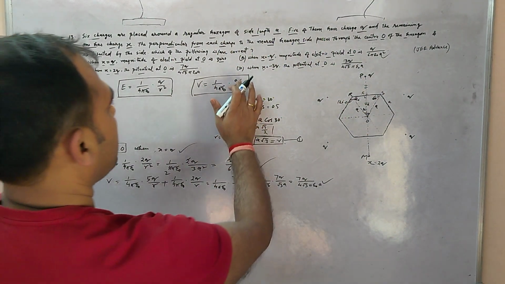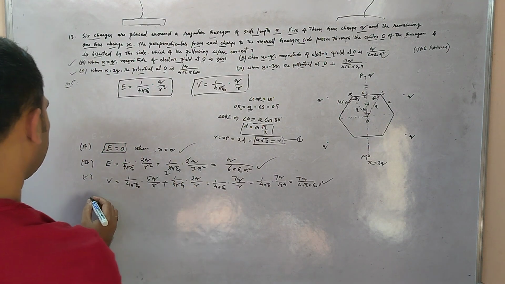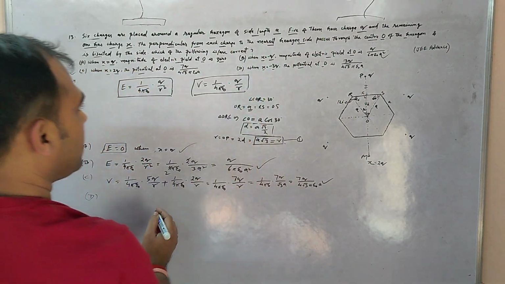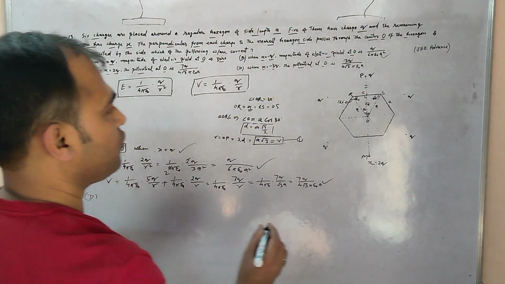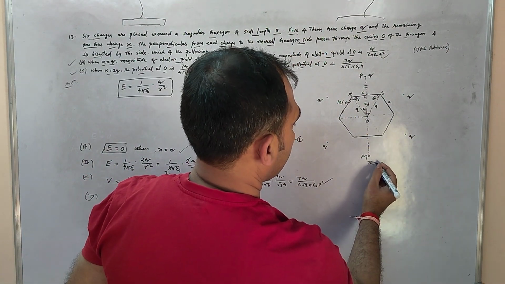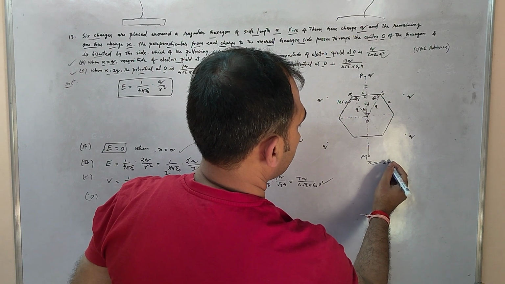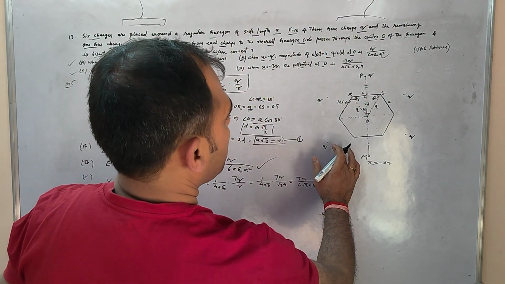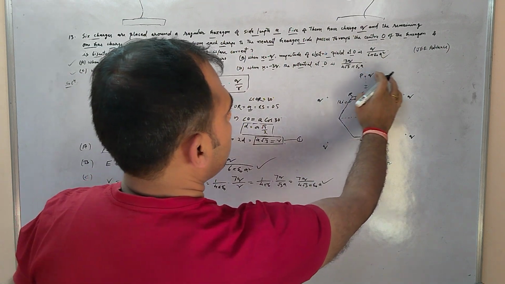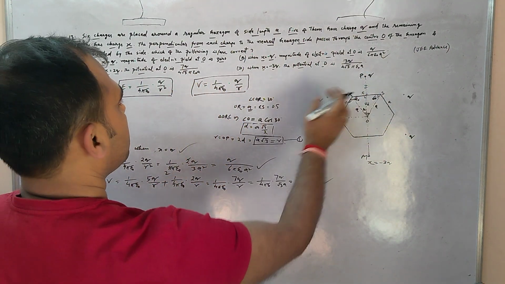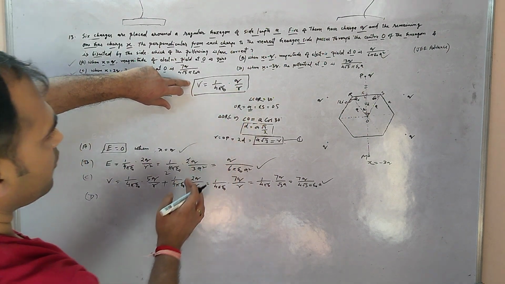Now let us examine statement D. When x is equal to minus 3q. Now see, here it is x is equal to minus 3q. So again, potential due to these 5 will be again 5 times q.